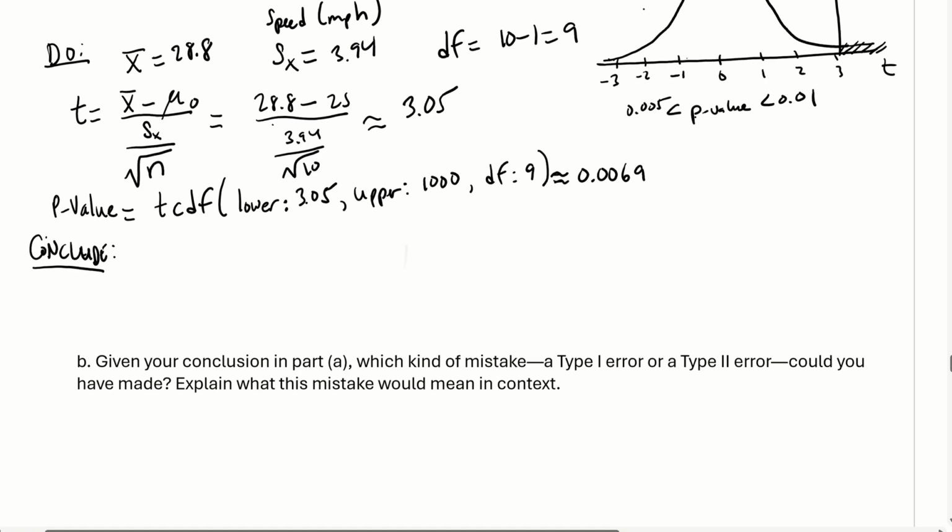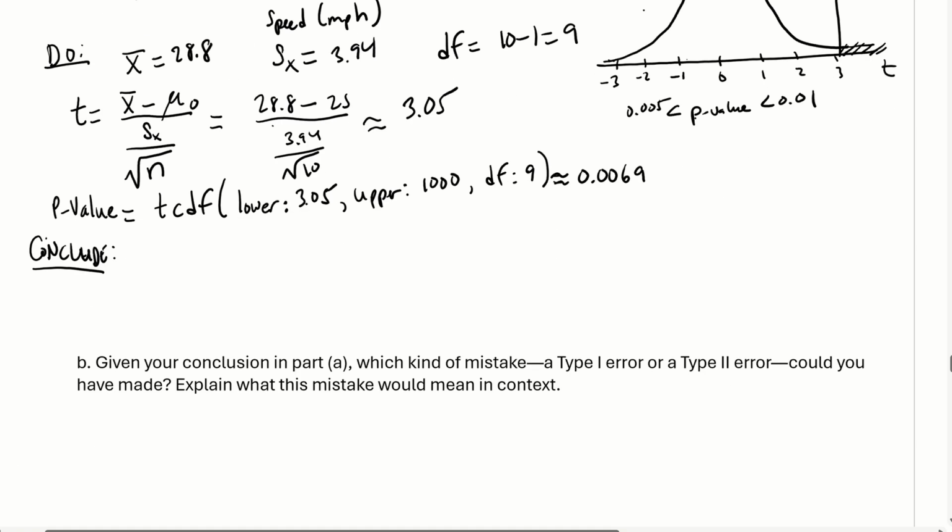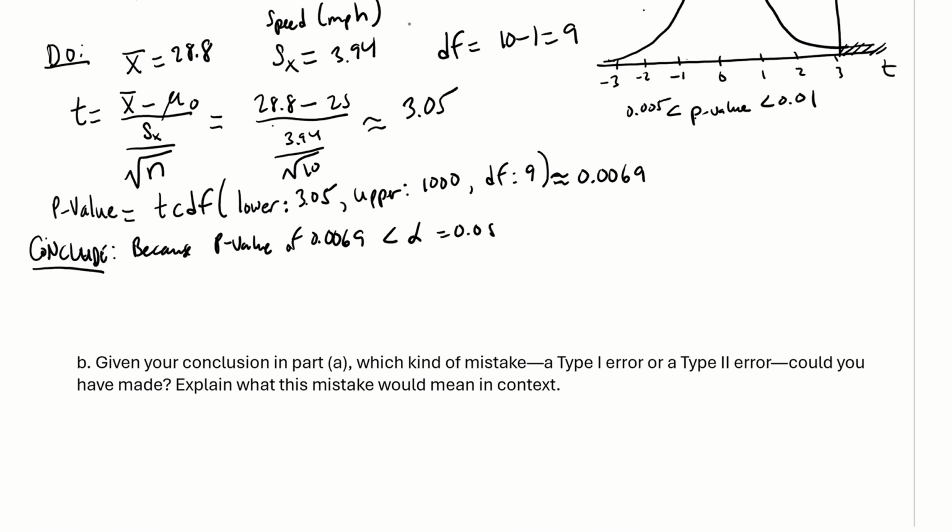Okay, now that we showed you that, let's go ahead and conclude. So we're going to conclude that we need to reject H0 because the p-value is less than alpha. Because the p-value of 0.0069 is less than alpha, which is 0.01, we reject H sub 0.